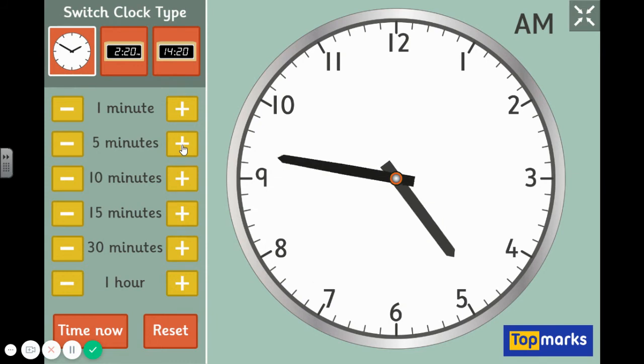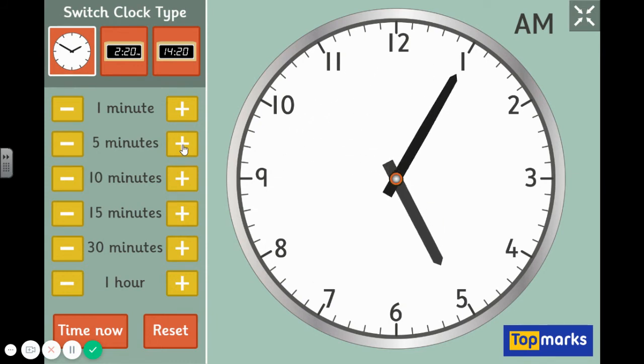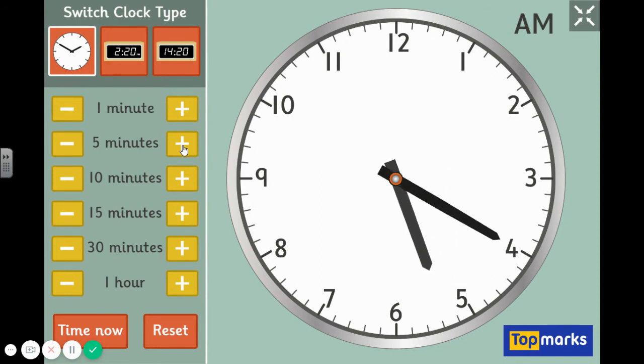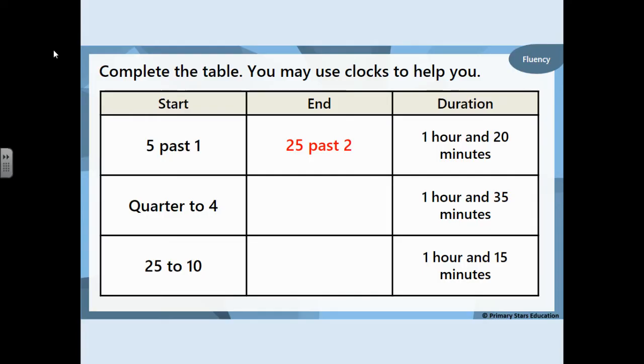So I'm going to do 5, 10, 15, 20, 25, 30, 35. So my time is 20 minutes past 5. So my end time is 20 minutes past 5.